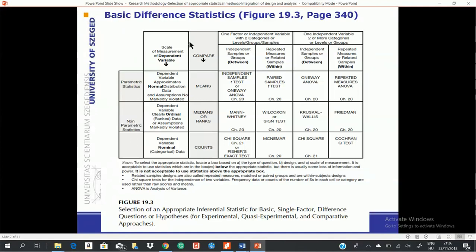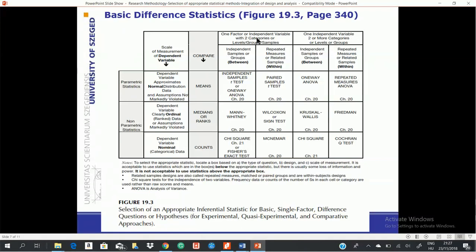Okay, next column: what is compared in this test. For parametric statistics it is the mean. For non-parametric it is the median or rank, or for nominal data it is the count. Okay, we have two big columns here.